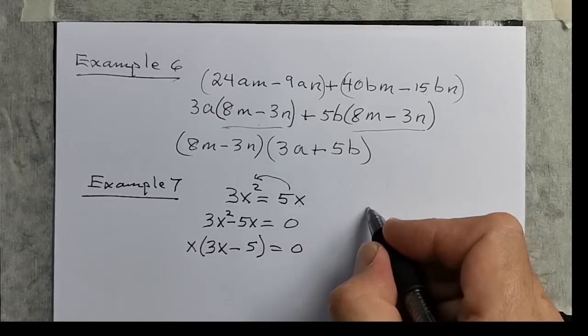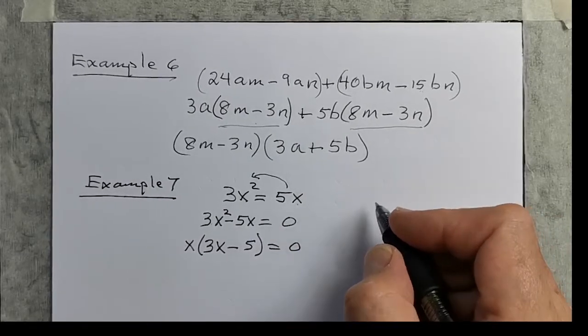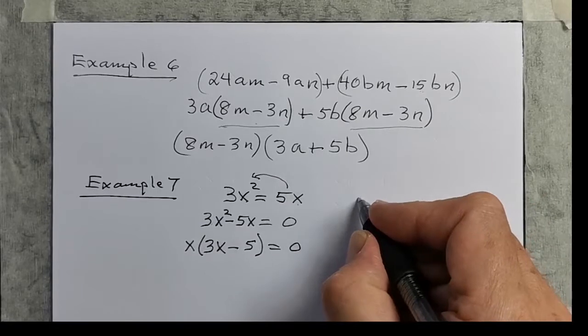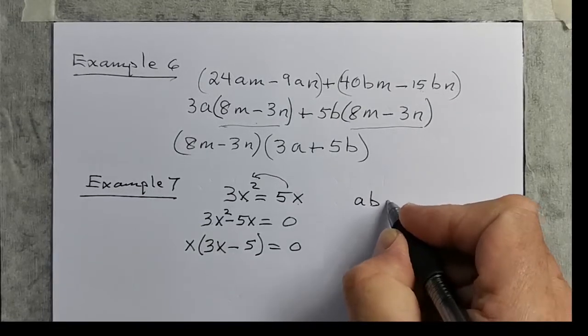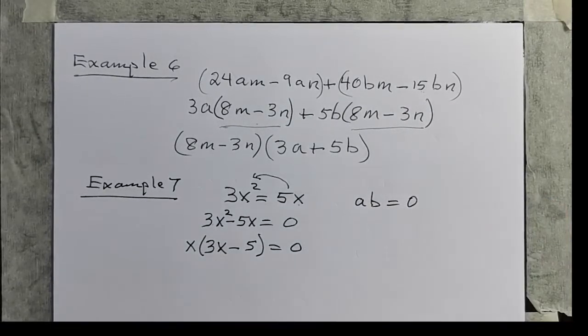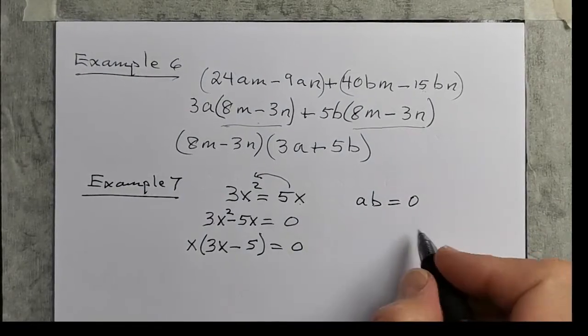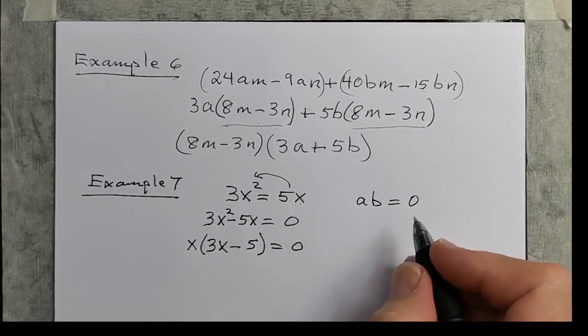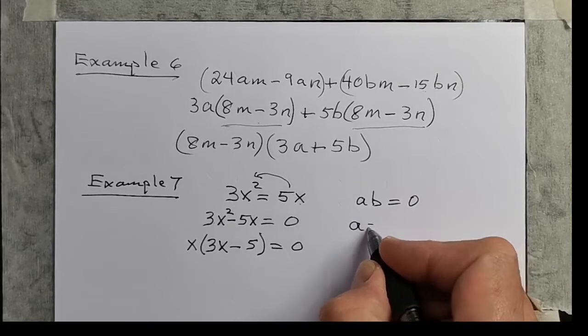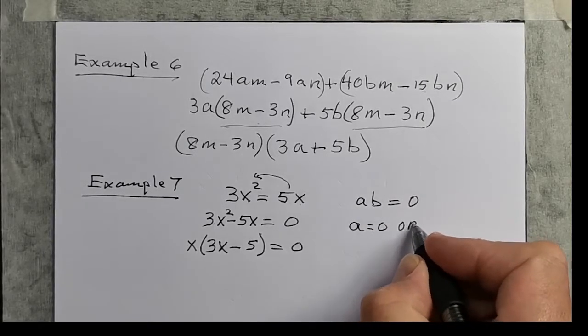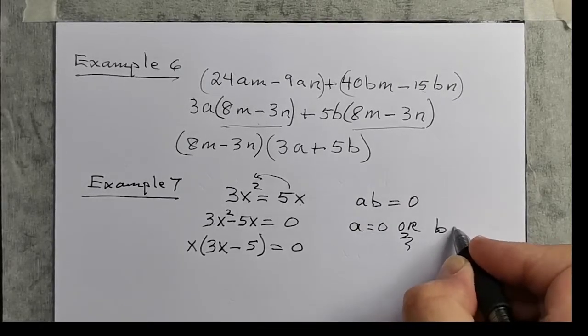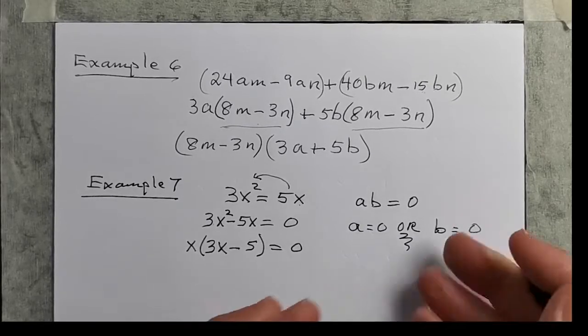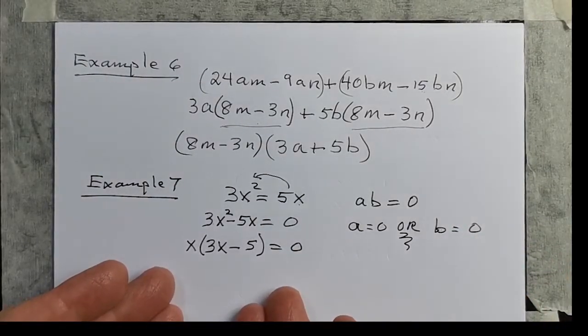Now you recall that if you have a product of two factors, such as a times b, and the product equals 0, then we have two possibilities for this being true. Either a will be 0 or b will be 0. And this is exactly the situation we have here.